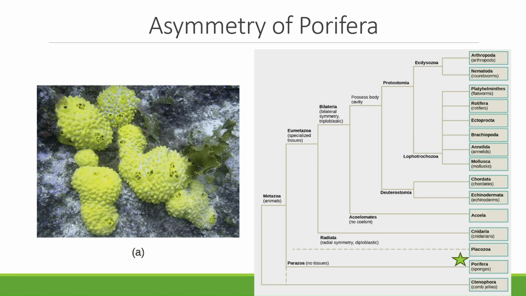They lack true tissues and gastrulation. The asymmetry reflects the sessile or non moving lifestyle of most sponges and the reliance on water flow rather than any directed movement. Placing porifera at the base of the tree using this character reinforces the early divergence that we discussed earlier with Eumetazoa.